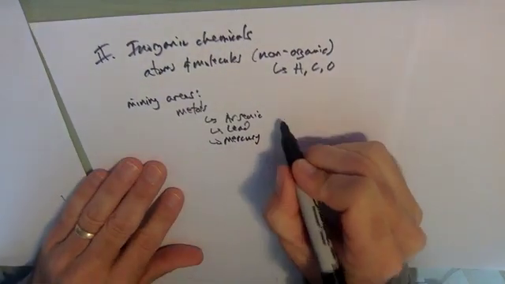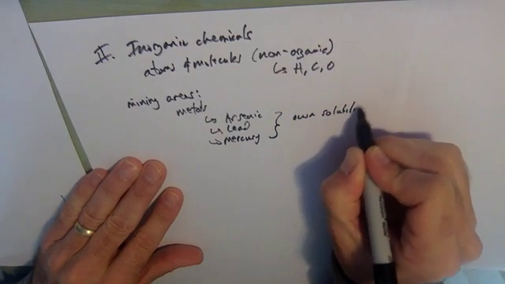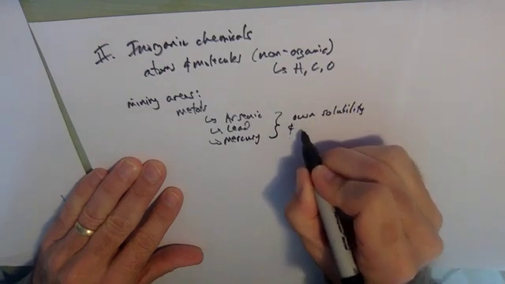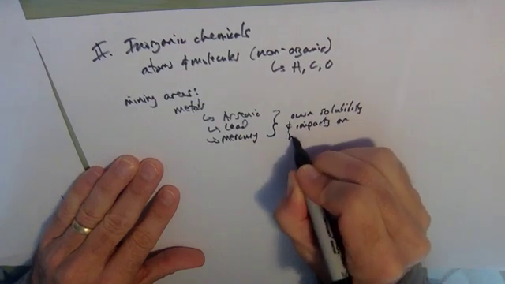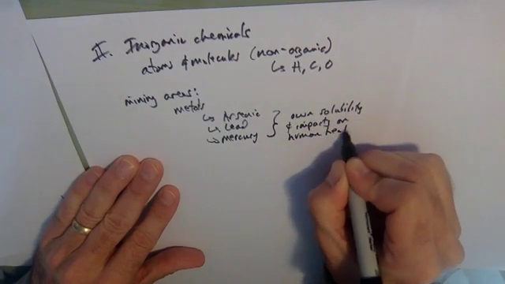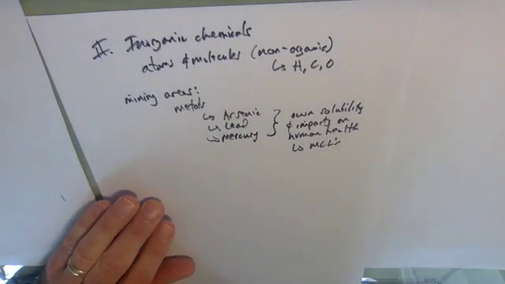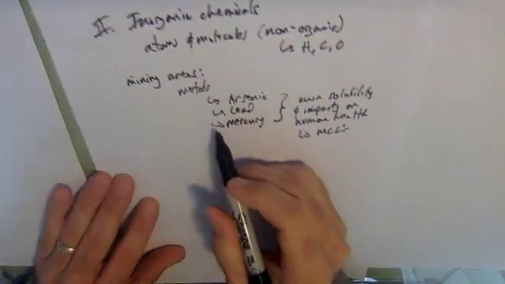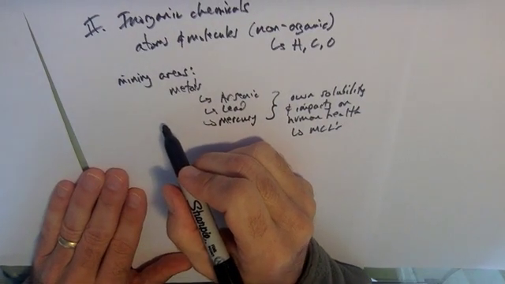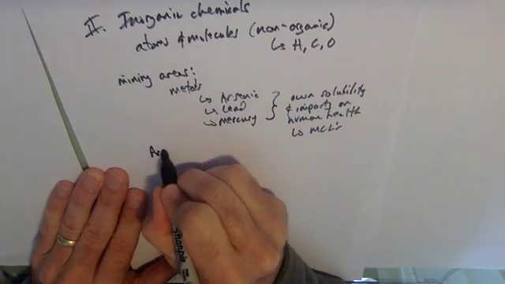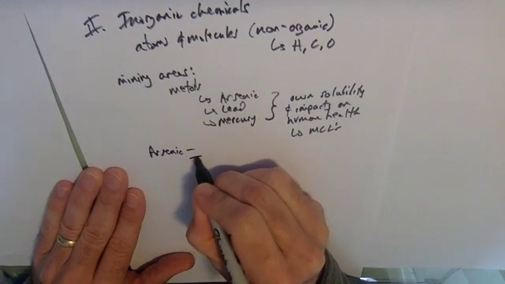Each of which has their own solubilities and their own impacts on human health. So therefore they have different MCLs. Places where you'd expect to get a lot of arsenic are in areas with a lot of tin mining.